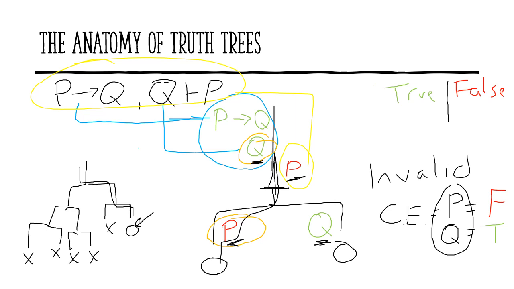So the best thing to do is just practice these things as much as you can. I'll keep giving you examples, especially through these lectures. If you need more help with them, always feel free to contact me. But with that being said, let's move on to the exact truth tree rules for each of these operators.